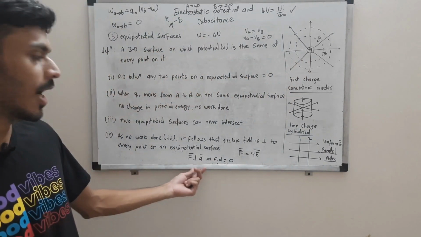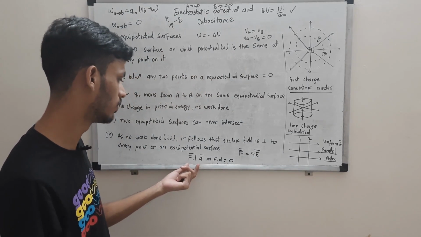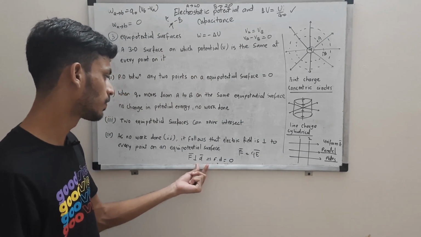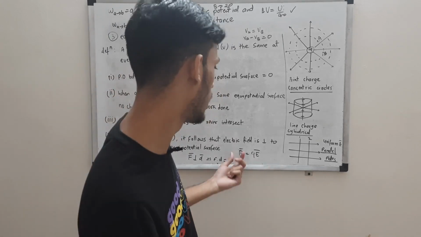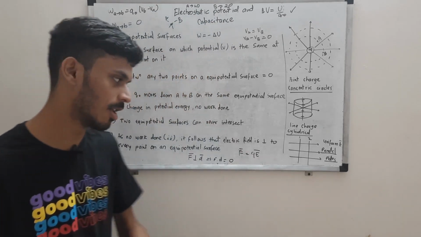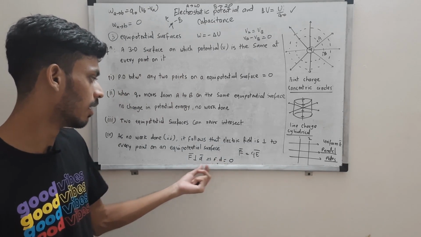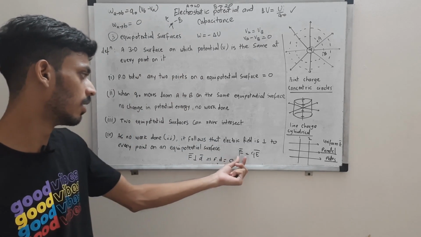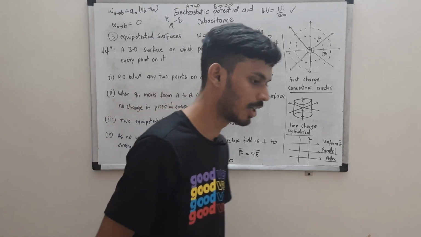So F and D are perpendicular, since they are not both 0, or neither of them is 0. F also relates to E: F is equal to QE. So F and E are in the same direction, parallel or anti-parallel. Since F is perpendicular to D, the distance, E should also be perpendicular to the distance, since they are in the same direction.